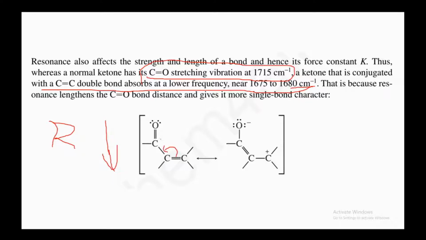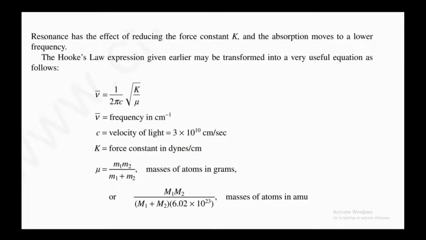This bond goes here and this bond goes to the oxygen. The oxygen gets a negative charge and this is positive, and this is the resonance arrow. Due to resonance, the carbonyl stretching which normally appears at 1715 per centimeter will appear at 1675 to 1680. So due to resonance, the frequency is lowered. Resonance has the effect of reducing the force constant K and the absorption moves to a lower frequency.